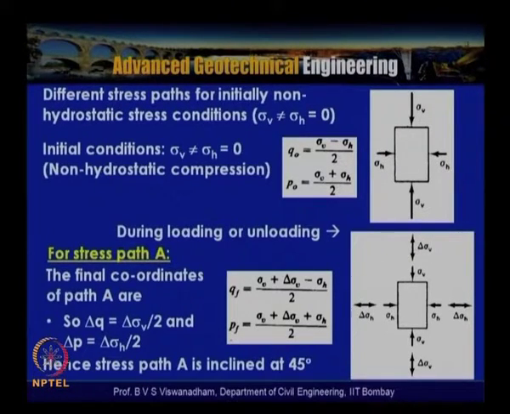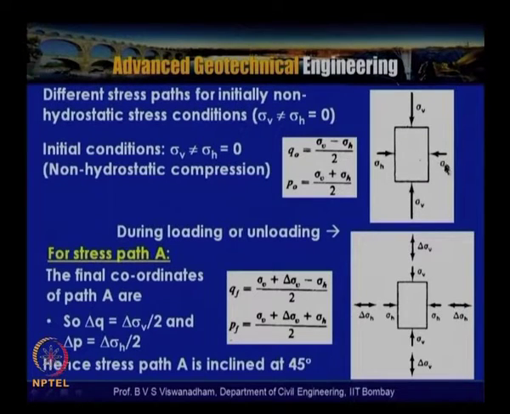That means sigma V is not equal to sigma H, or we can say the sample has been reconsolidated in such a way as to represent the initial in situ stress conditions. So in this slide, a sample is shown with sigma V acting vertically and sigma H acting horizontally.